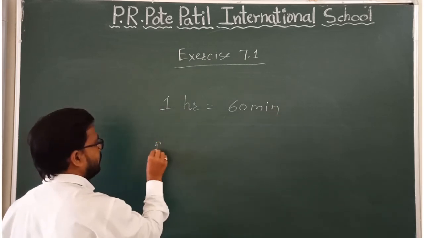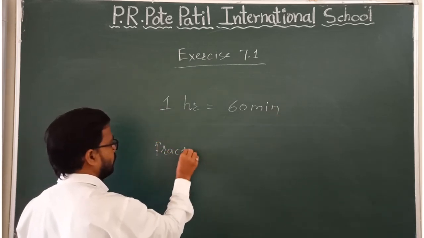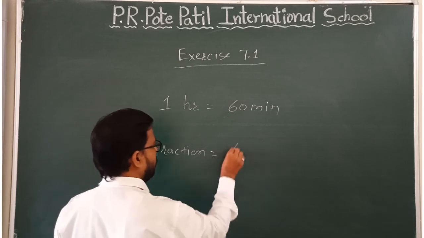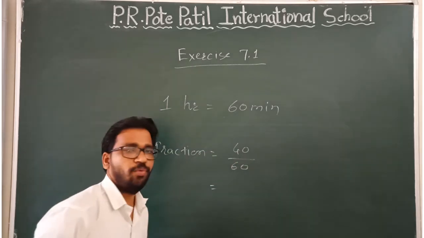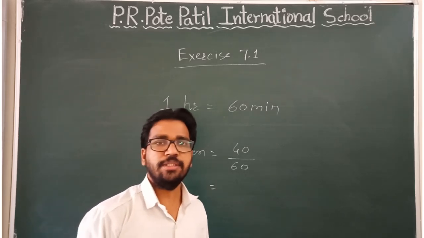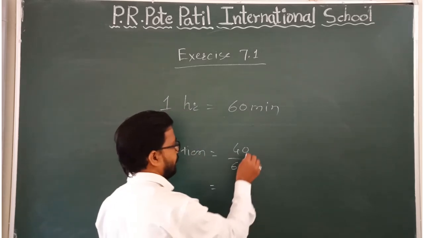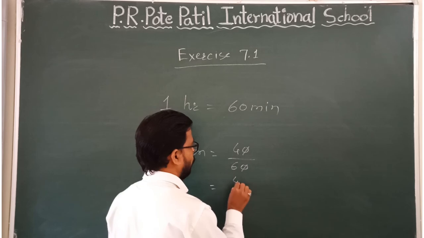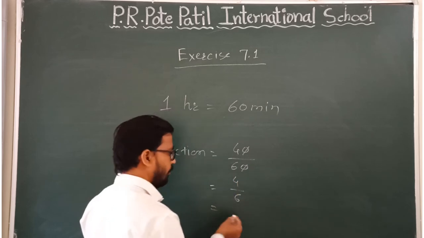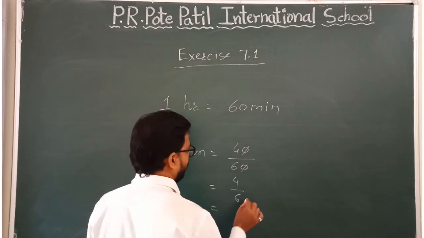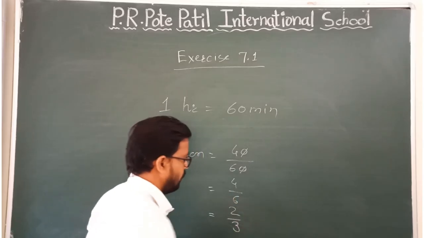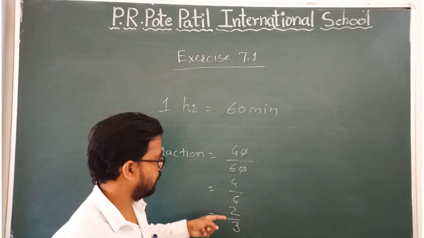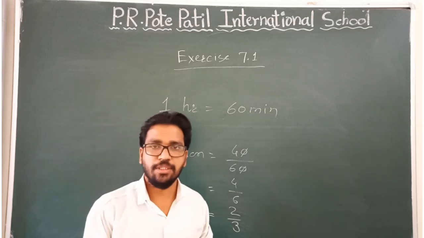Okay, so the fraction here is 40 upon 60. If we simplify it, then we get 4 upon 6. And if we simplify this also, then we get 2 2s are 4 and 2 3s are 6. Okay, so we simplified it up to this.